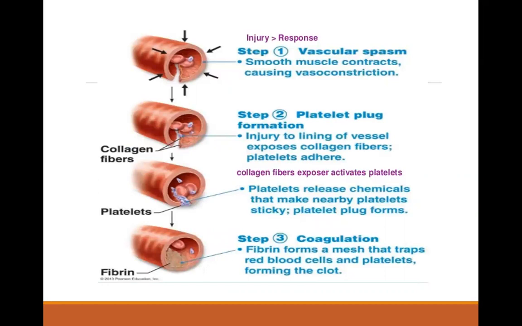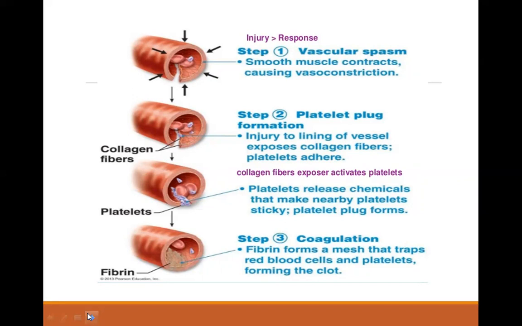So here you can see when a person gets an injury, as the response there may be step one, vascular spasm. Inside the blood vessel there is smooth muscle, and that smooth muscle will be contracted due to vascular spasm, causing vasoconstriction.